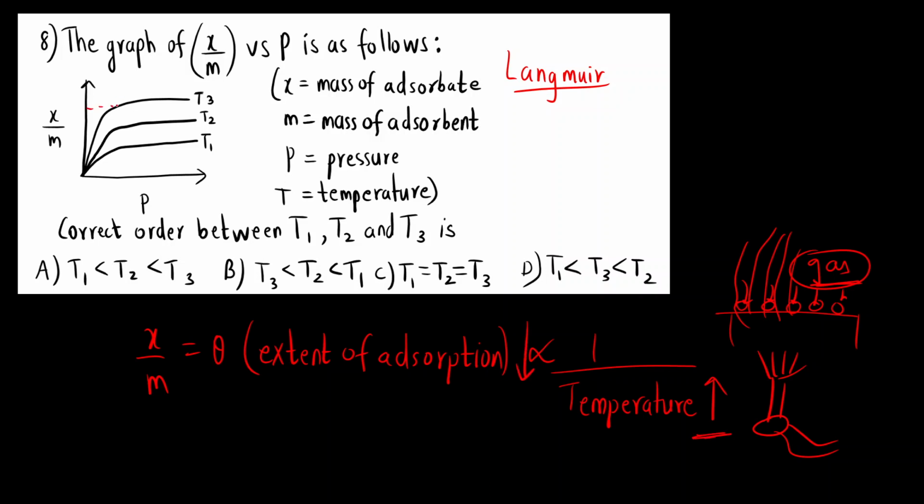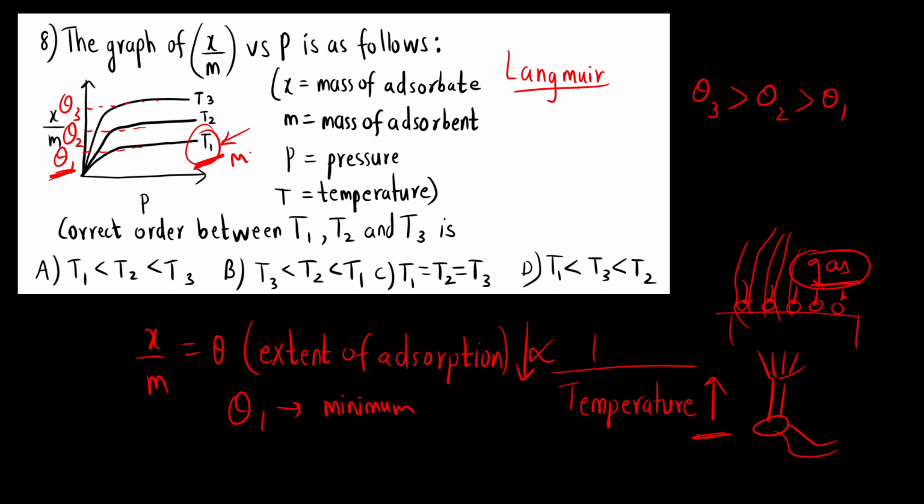If you see this plot, here this is theta 3, this is theta 2, this is theta 1. From the graph you can see theta 3 is greater than theta 2 is greater than theta 1. Now theta 1 is least, that means the extent is minimum. So what will be the corresponding temperature T1?